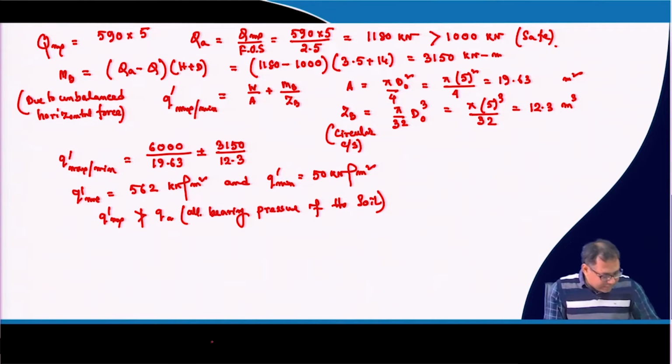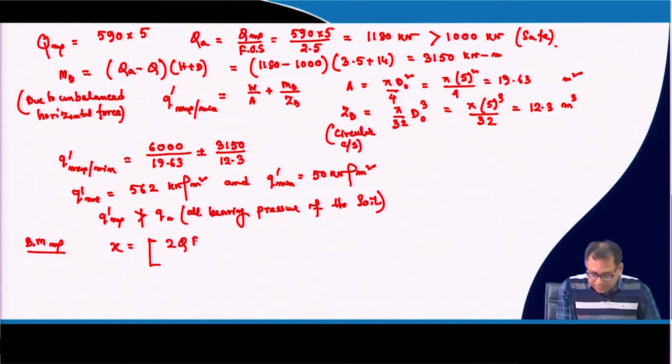Okay. And then again we have to calculate the maximum bending moment. To calculate the maximum bending moment, we have to determine the x value. For BM max, the maximum bending moment, x is (2 q f over gamma dash L (Kp minus Ka)) to the power half.